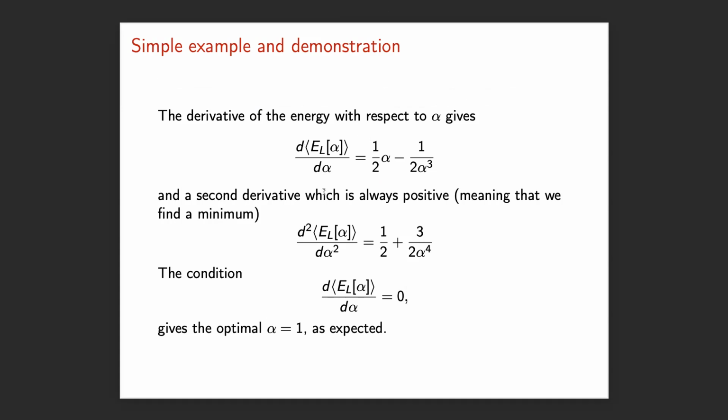Another thing which is very useful to see is that this quantity is a positive quantity. So the second derivative is always positive, which means that when we go to a multivariable quantity, this can be translated later into a matrix. And this is then a convex optimization problem, so there is a minimum.